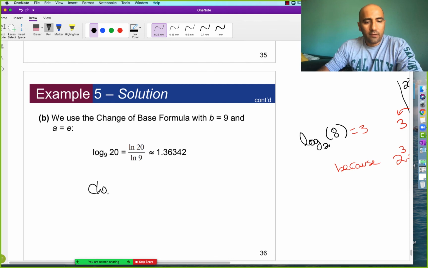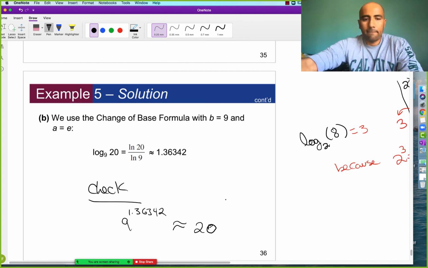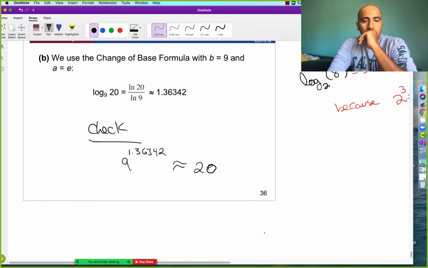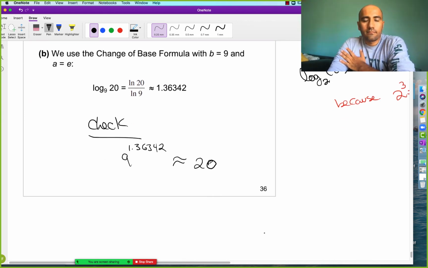If we check, it must be true that 9 to the power of 1.36342 is approximately 20. Any questions? No?